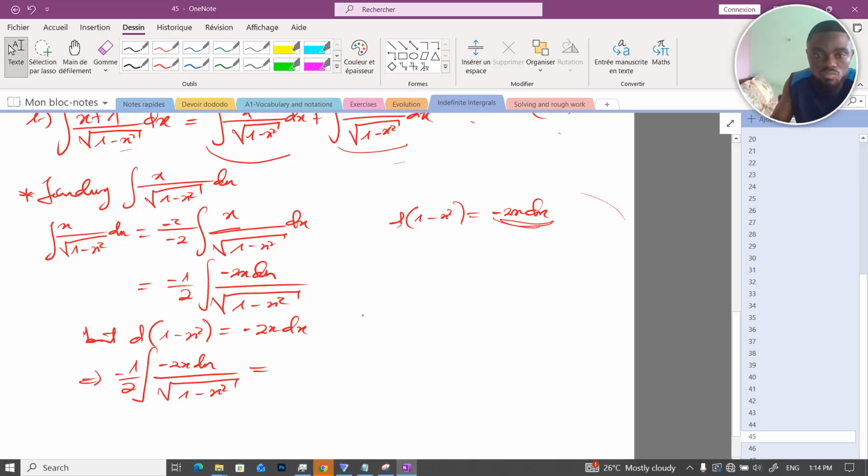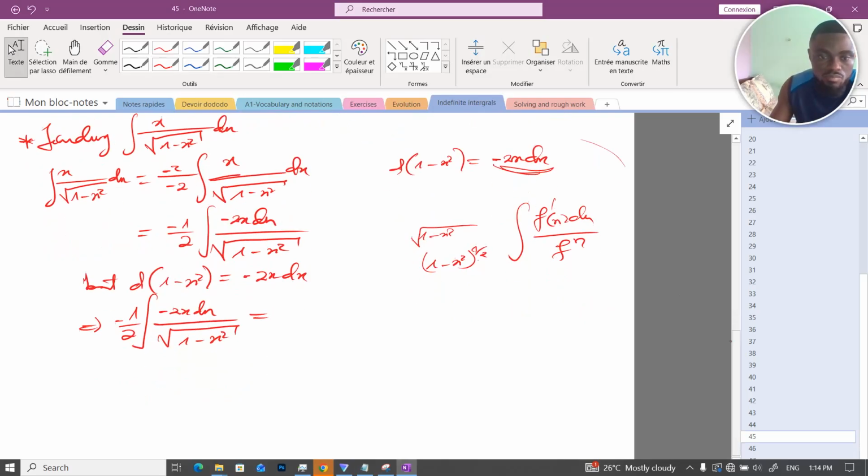In fact, we are already in this form, the integral of f prime of x dx all over f to the n. Because this square root of 1 minus x squared can be written as 1 minus x squared raised to the what? A half. Are you okay with that? So I'll put this in this form.